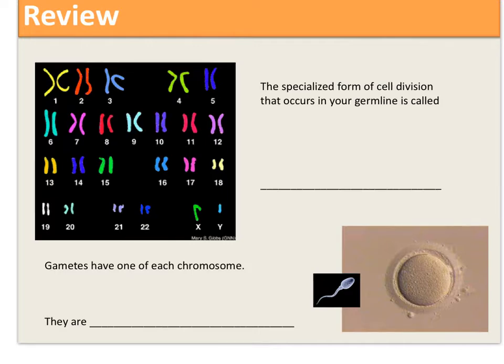I heard meiosis. The gametes have one of each chromosome, so are they haploid or diploid?